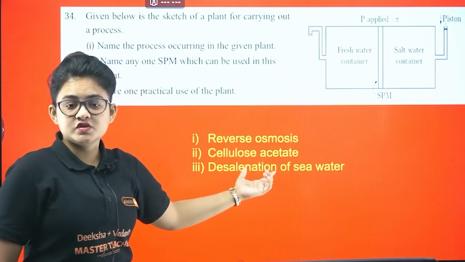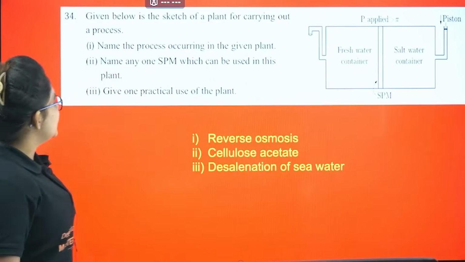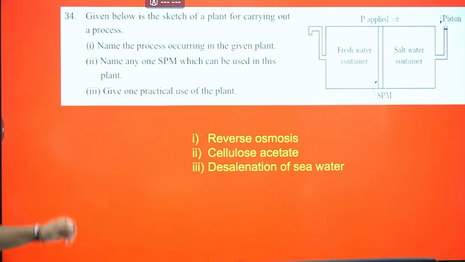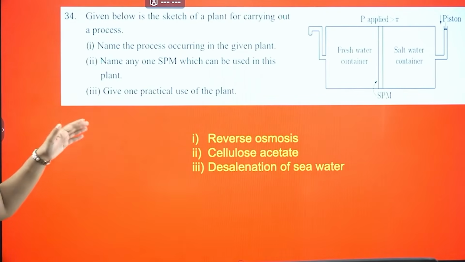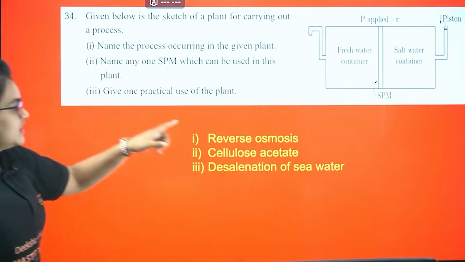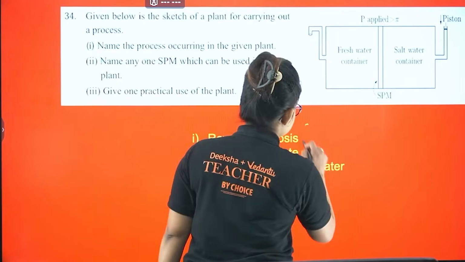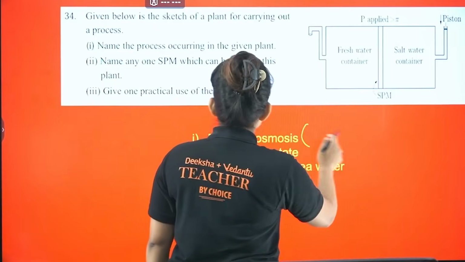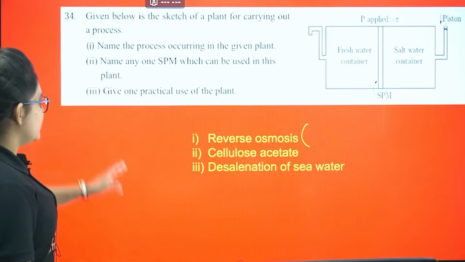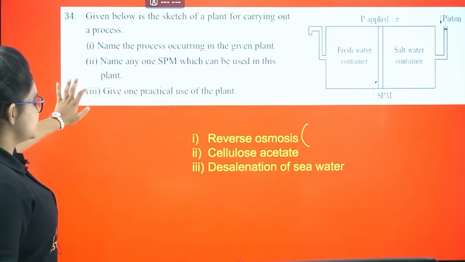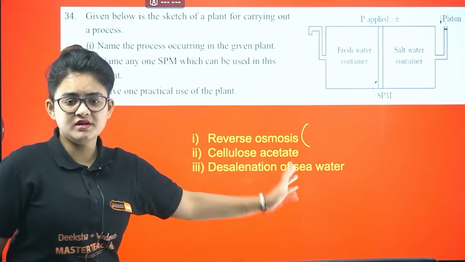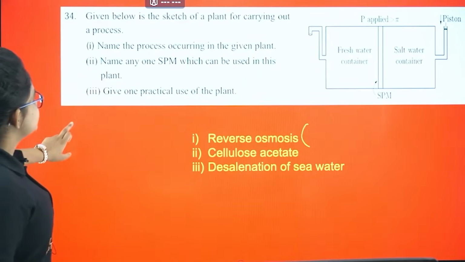It's actually reverse osmosis. Now name any one SPM, means semi-permeable membrane, which can be used in this plant. We can use cellulose acetate for the desalination. So reverse osmosis, in bracket you can write desalination as well. One practical use is already given in the question, so desalination of seawater you can mention. I guess it's clear.